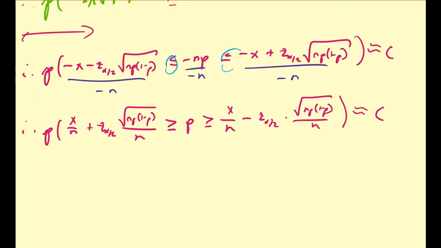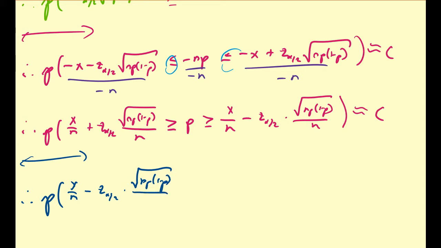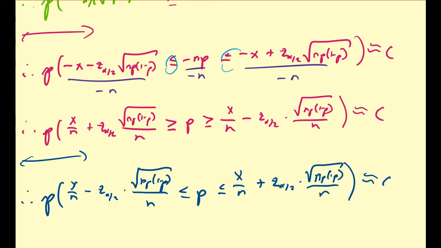Same approximation. I'm going to write this from least to greatest because it looks awkward with the greater signs facing the left-hand side. So that's the probability that X over n minus z alpha over 2 times the square root of np(1 minus p) all over n is less than or equal to p, less than or equal to X over n plus z alpha over 2 times the square root of np(1 minus p) all over n, and this is approximately equal to c.